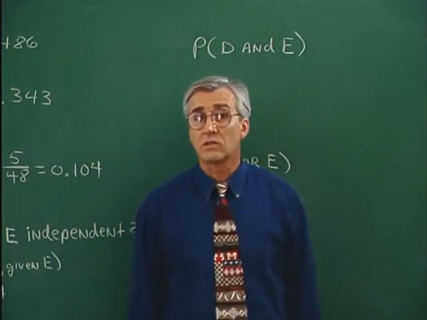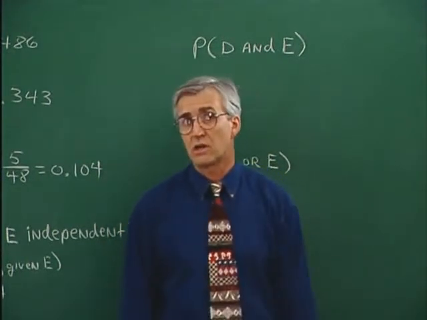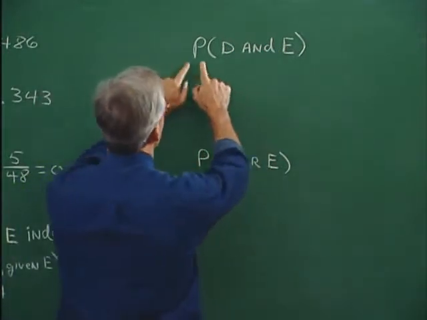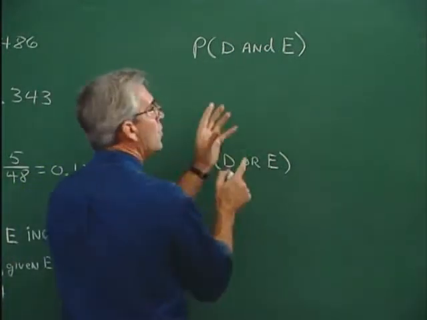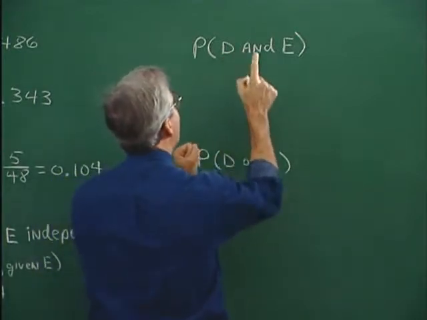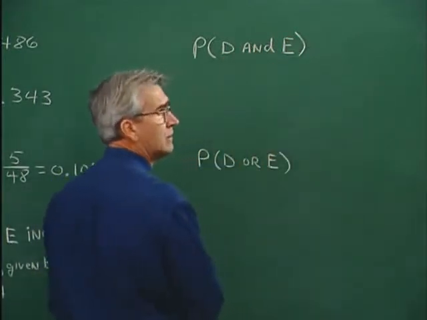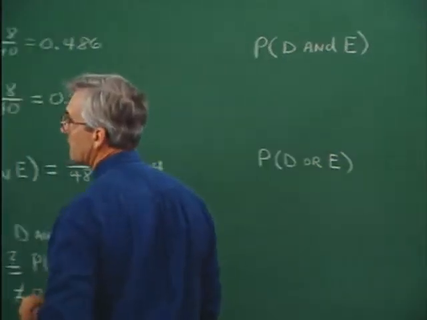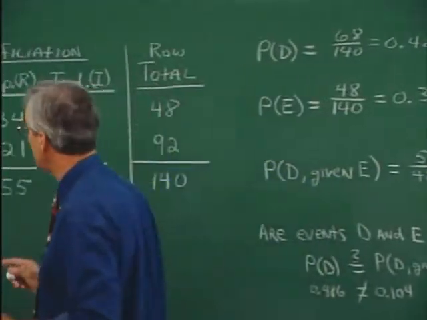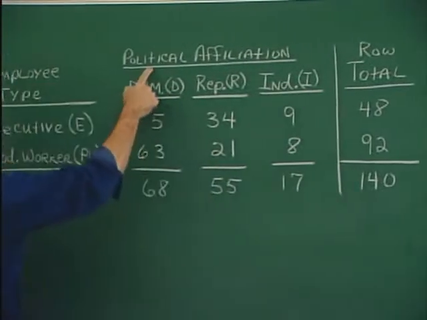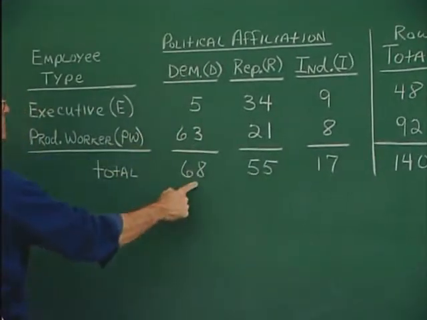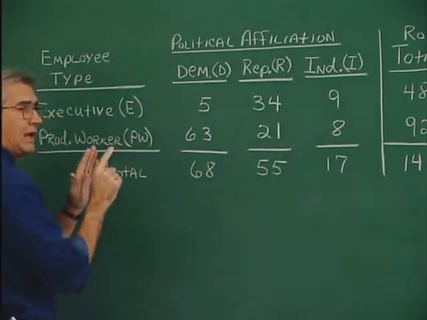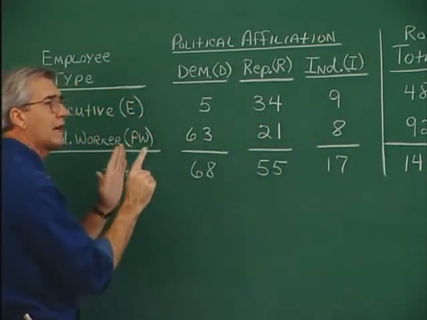Or we can use the sample space, or our chart, you see. Now, intuitively, let's analyze the situation. The probability that someone chosen is a Democrat and an executive. All right, Democrat and executive. Let's come back over here. Here's the column of Democrats. Here are the executives. How many folks are both Democrats and executives?